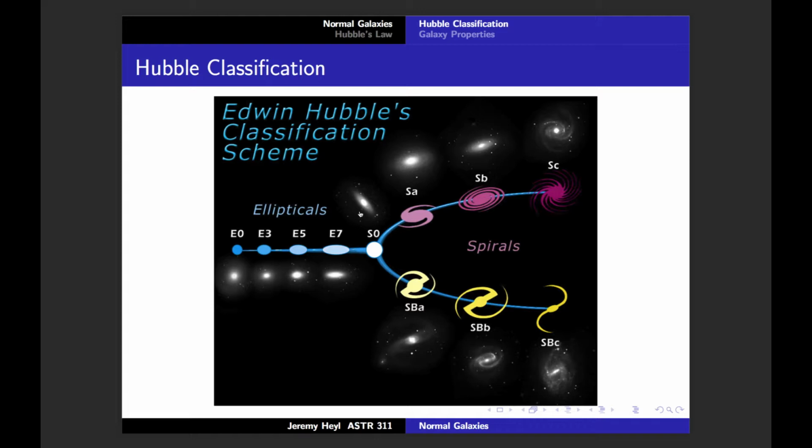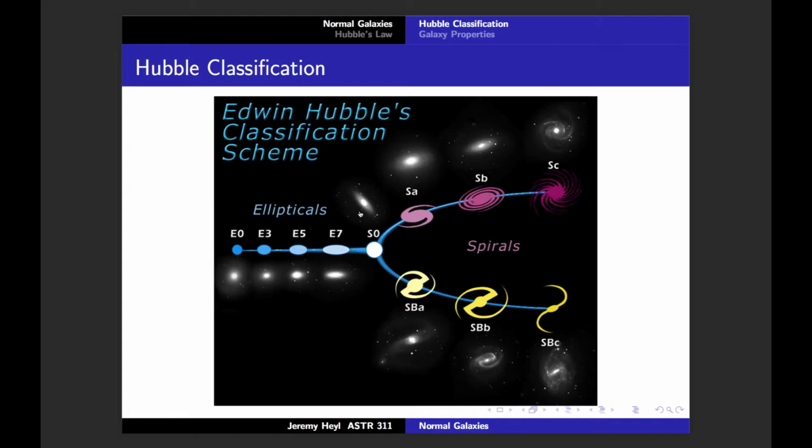So as we go further along the sequence of spirals, if we look on the top, what we see is that the spiral arms get more tightly wound, we say. Sorry, that's just kind of a weird way of putting it.